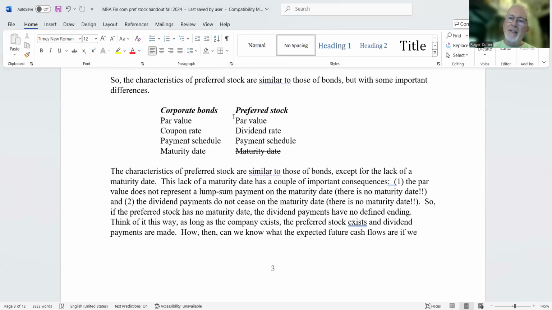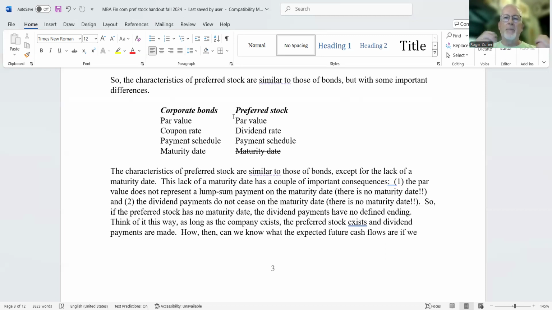The nice thing about that assumption is that it lets us rely on calculus and treat preferred stock as a constant perpetuity. I think we talked about constant perpetuities in learning module 4, when we were still introducing the time value of money.